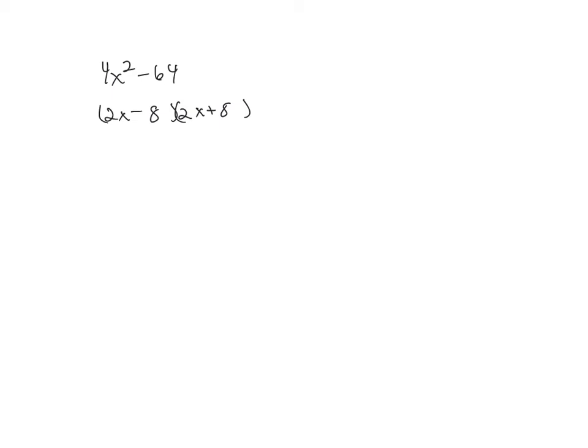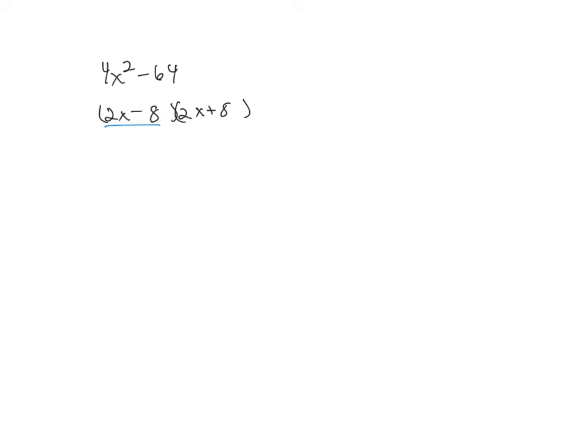If both numbers are even, there's at least a 2 in common, and there could be even more than that. So you never want to see in your answer a 2 and an 8. Well, I can divide both of those by 2. So you never want to have two numbers in your answer that have something in common.